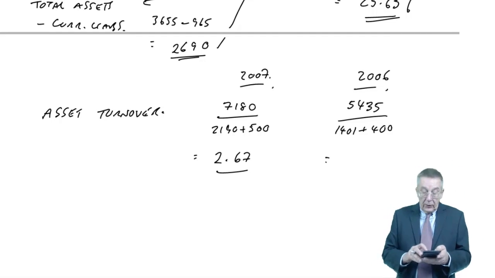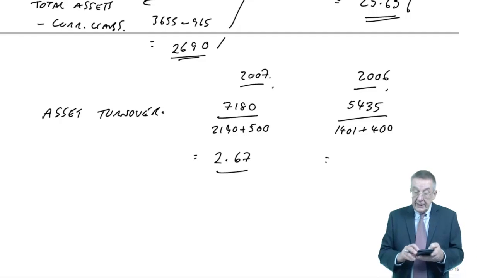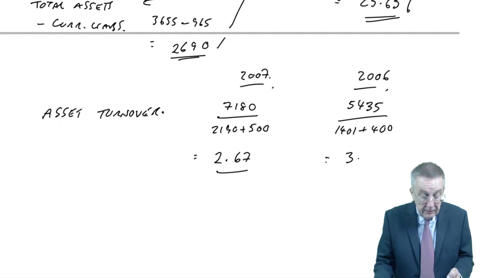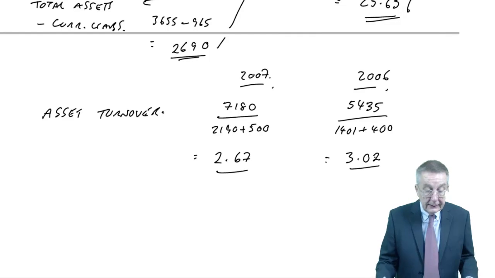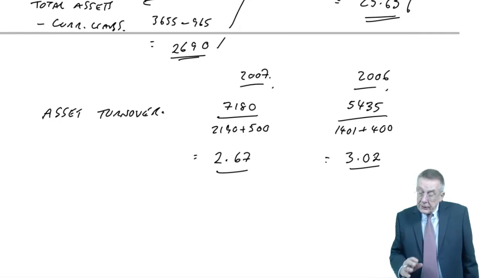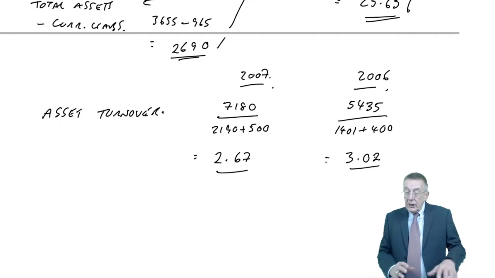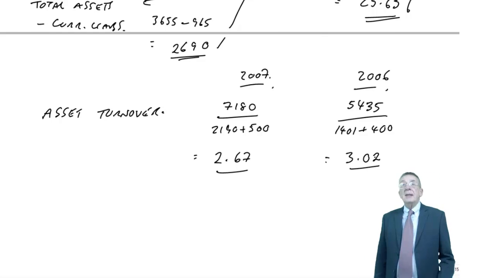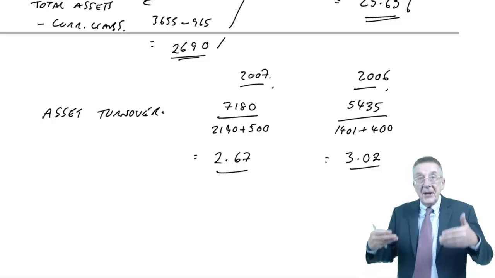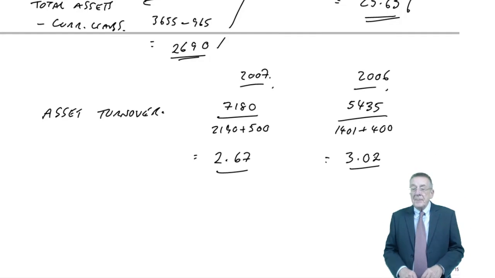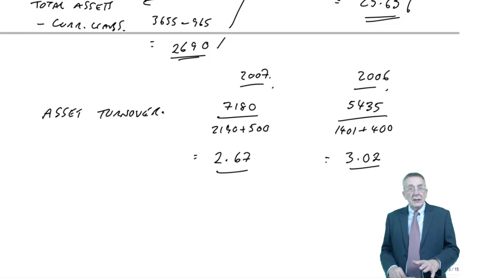So 5,435 divided by 1,801, I get 3.02. So this year, we've fallen down a bit. You know, last year we were selling 3 times the size of the company. This year it's only 2.67. So on its own, that's not as good.